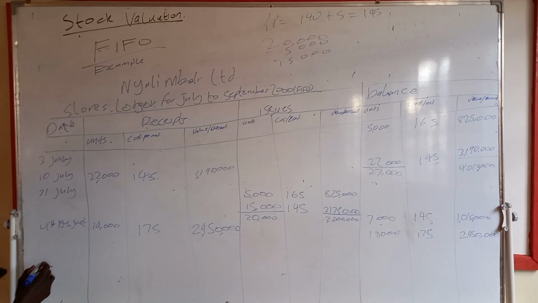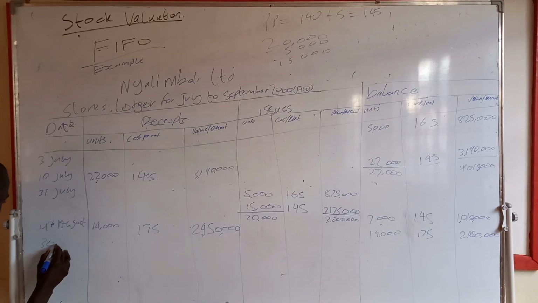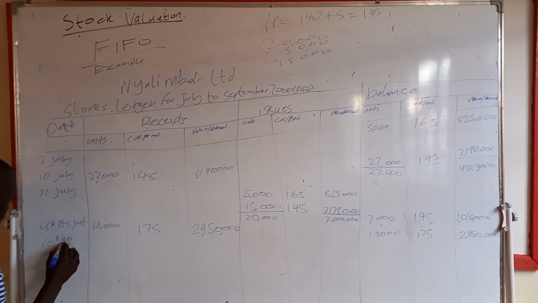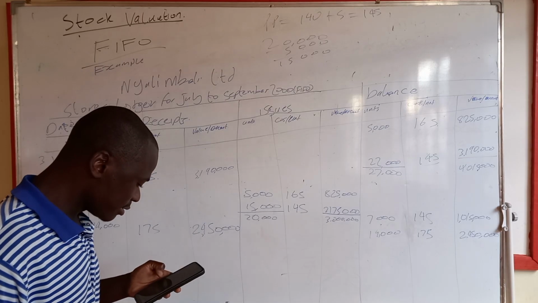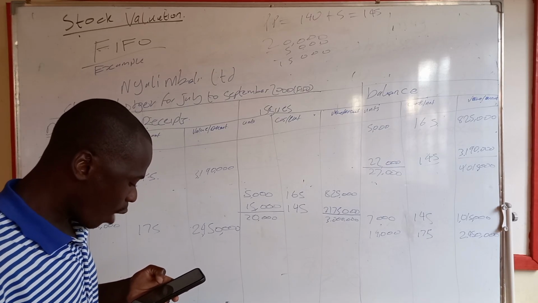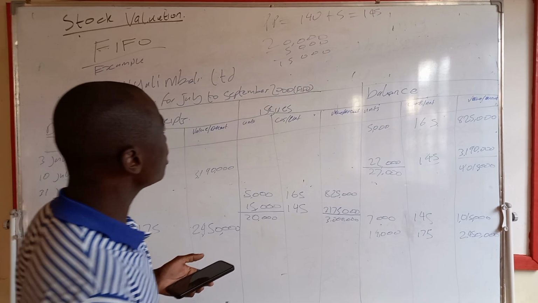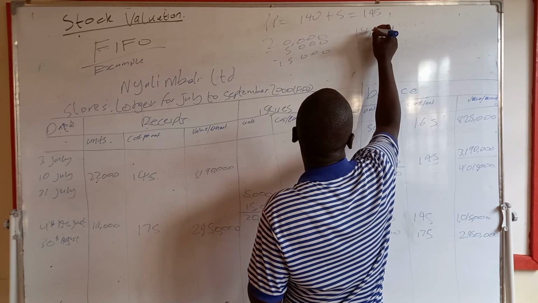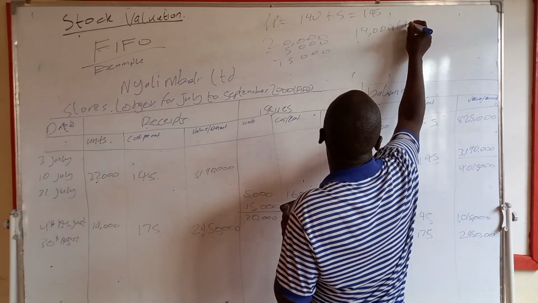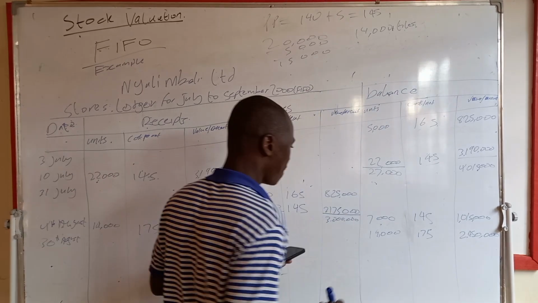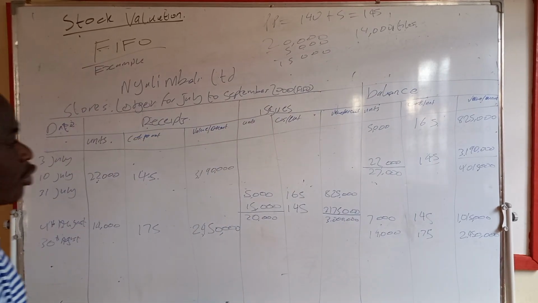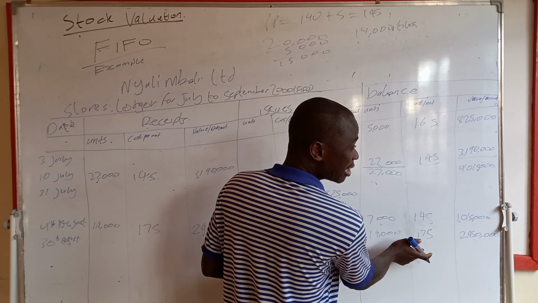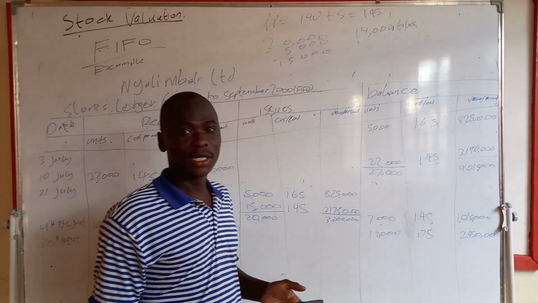So on 30th August, the sales for the month of August were 14,000 tires. So that simply means we go back to our store and look at what we have.